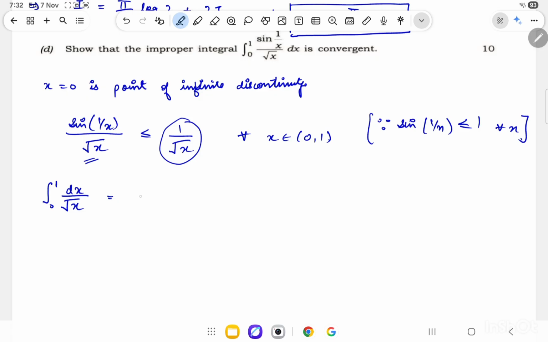So it will be x raised to 1 by 2 divided by 1 by 2, with the limit varying from 0 to 1, that is 2 square root of x from 0 to 1, which will be equal to 2, a non-zero and finite quantity.